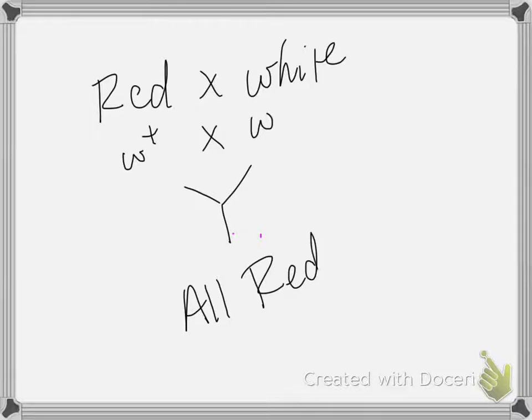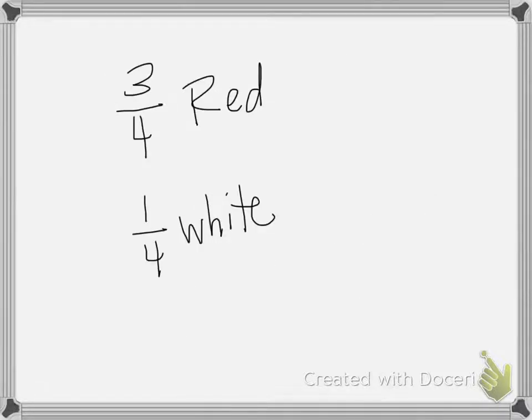All red. Did he get it right? Well, guess what happens if he does red times red, if he lets these guys interbreed? Think about it. 3/4 were red, 1/4 were white. That seems normal if it's just a dominant trait, right?